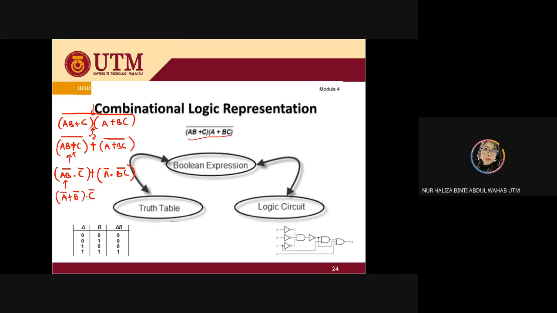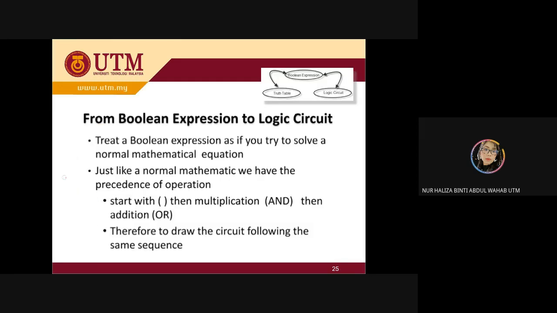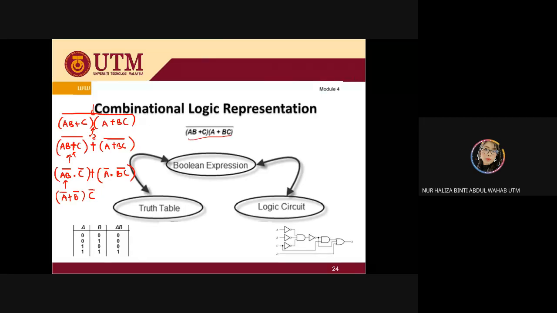Okay, after you solve this part, you can see A dot B bar is going to change from multiplication to be addition, right? And you have plus A bar multiply with B bar plus C bar.